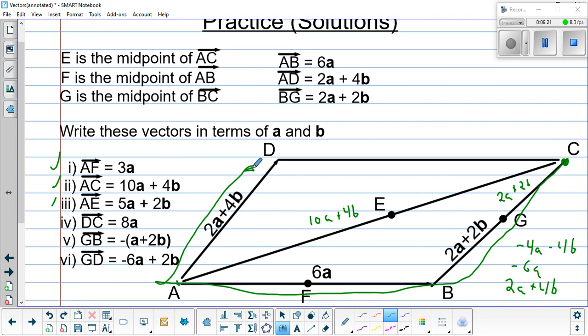That'll give us C to D, so we just take the negative of it. We get negative 4A and negative 6A, negative 10A and 2A is negative 8A. Then we have 4B and negative 4B, so it's negative 8A. We want to reverse, we get 8A.